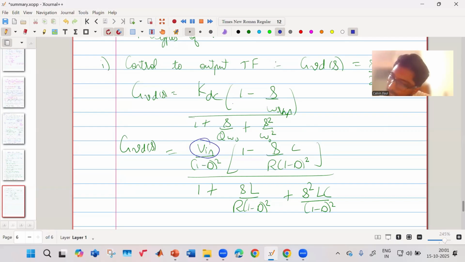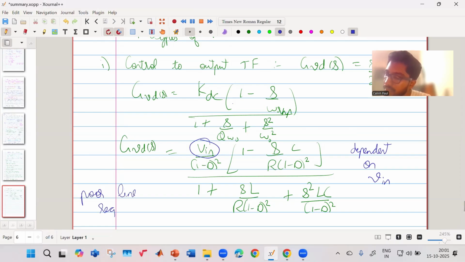But what I would like to stress is your voltage mode control is quite susceptible to changes in your input voltage. It is quite a lot dependent on V in and less dependent on your load. So that's why it has poor line regulation.